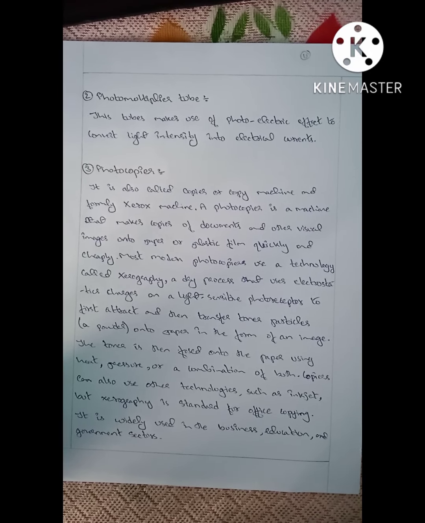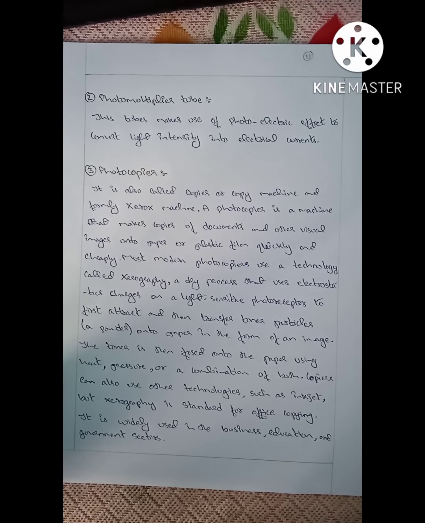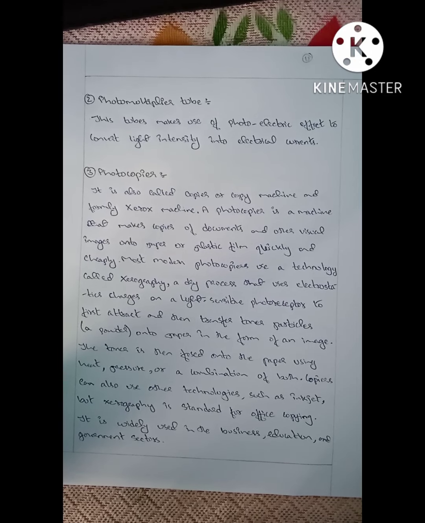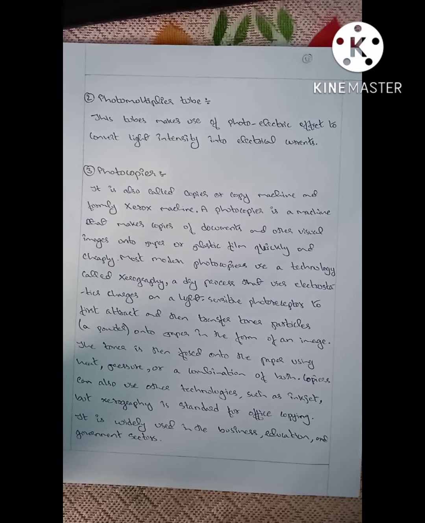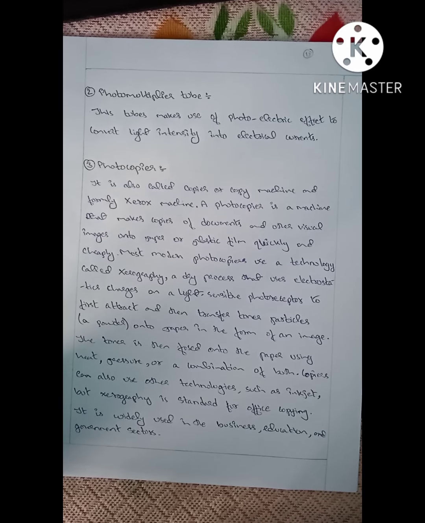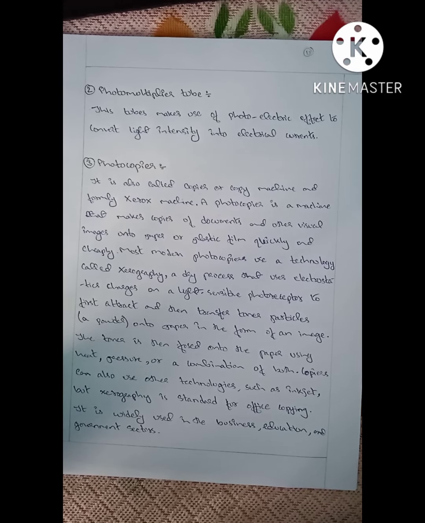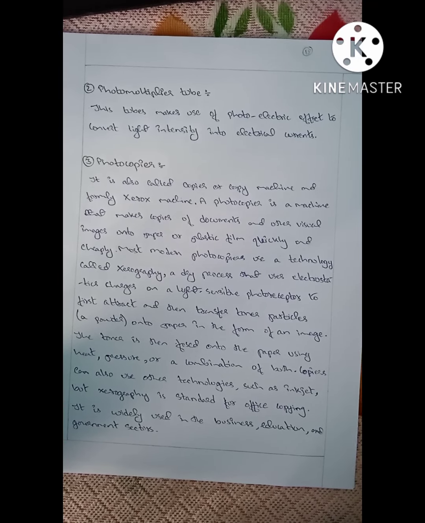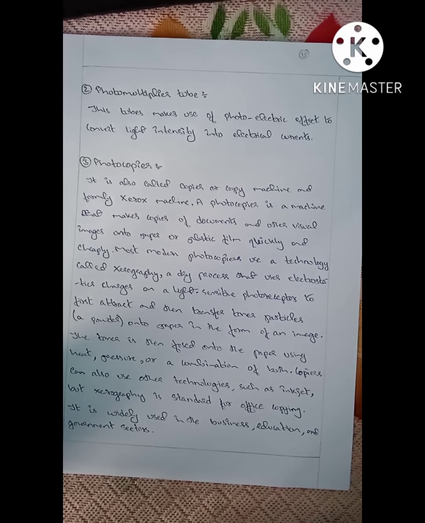A photocopier is a machine that makes copies of documents and other visual images onto paper or plastic film quickly and cheaply. Most modern photocopiers use a technology called xerography, a dry process that uses electrostatic charges on a light sensitive photoreceptor to first attract and then transfer toner particles or a powder onto paper in the form of an image.